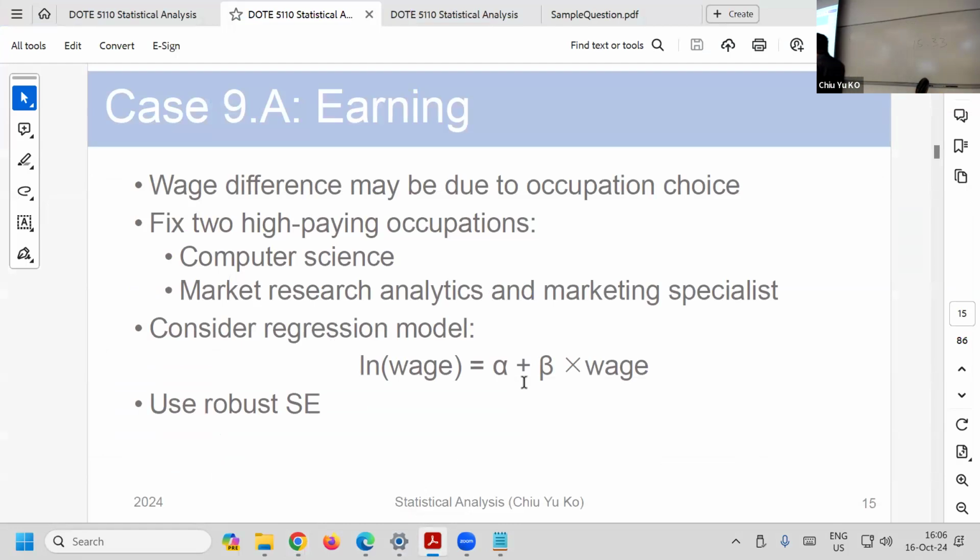Now, as we said, looking at this is not sufficient because it's possible that the wage difference is due to the choice of job. Usually men tend to choose a more risky job than women, in general, or men choose some job that is more high paying, say computer science.